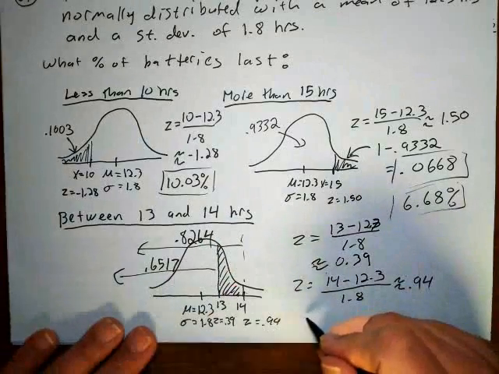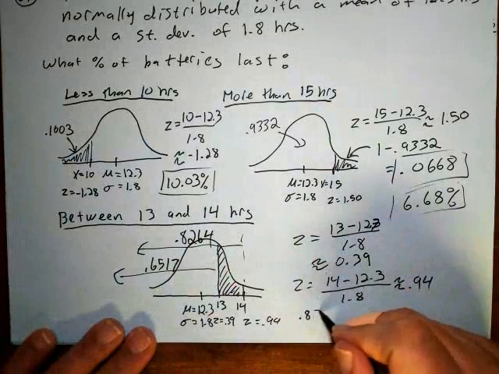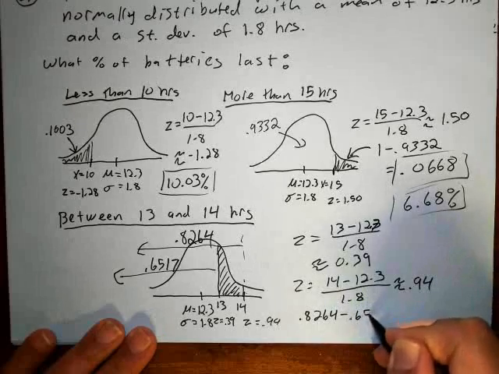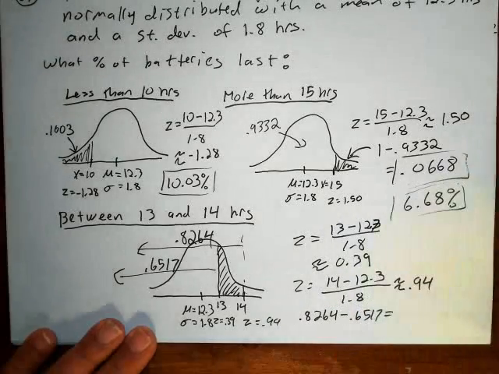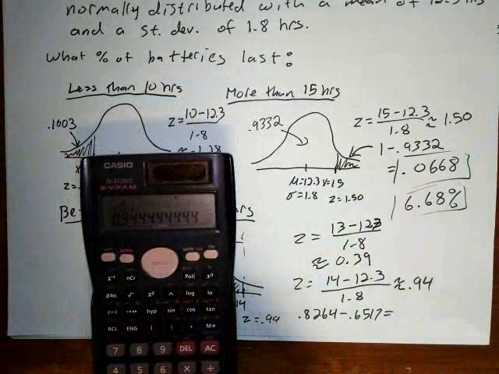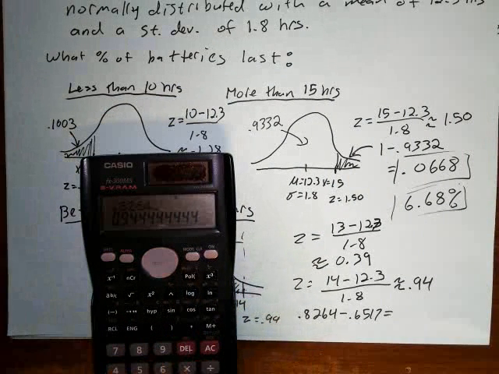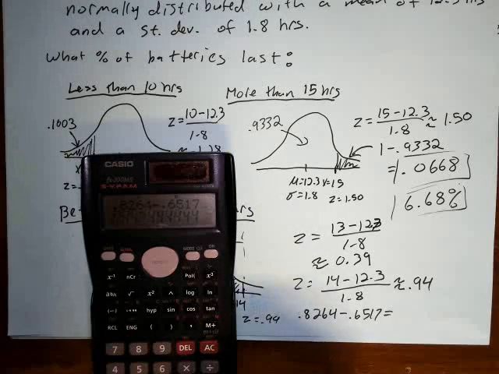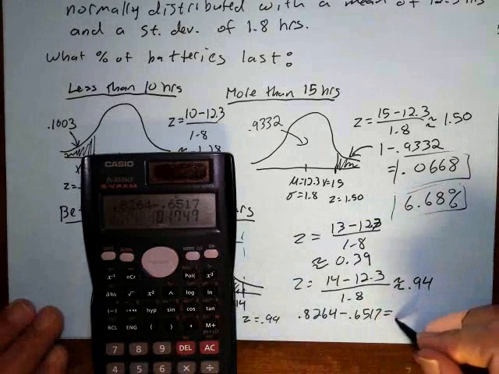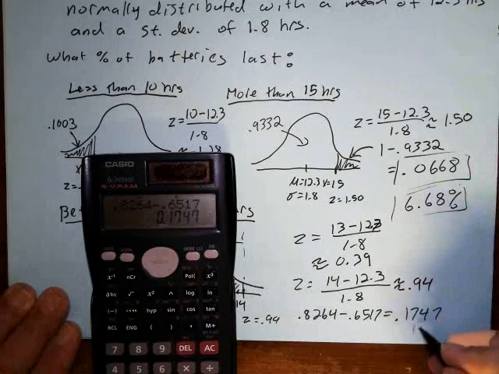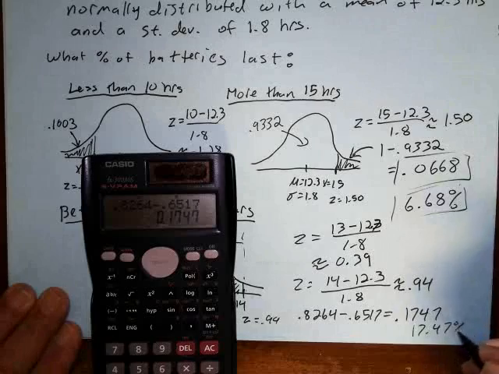And so now I subtract these two. 0.8264 minus 0.6517, and I get 0.1747, which would be 17.47%.